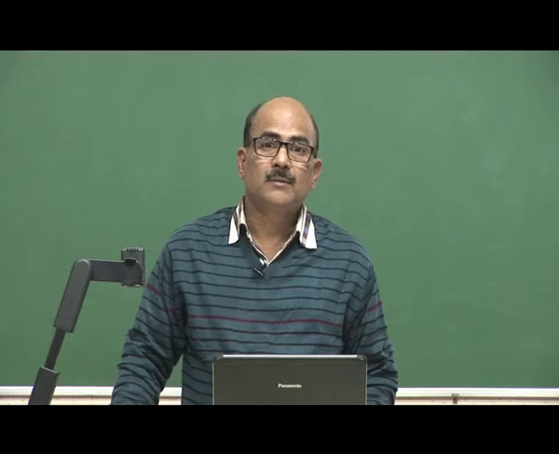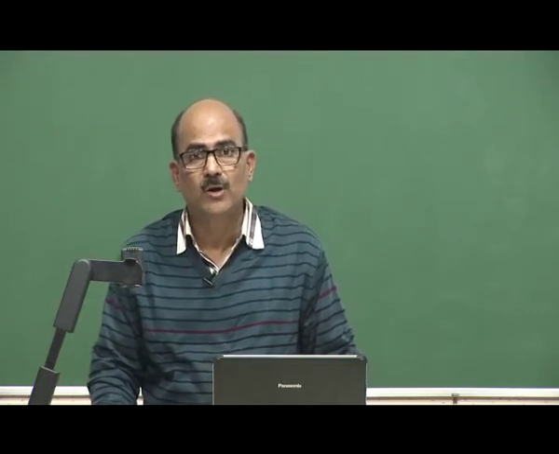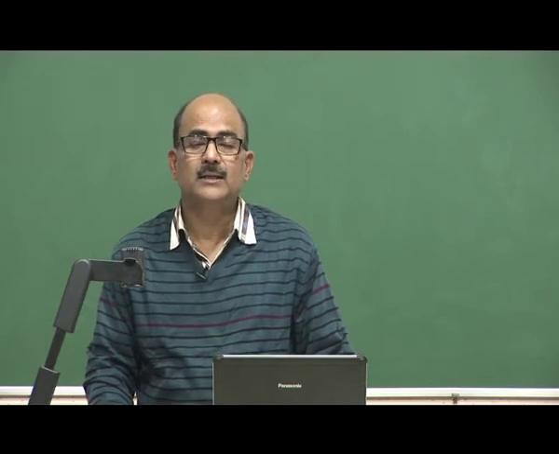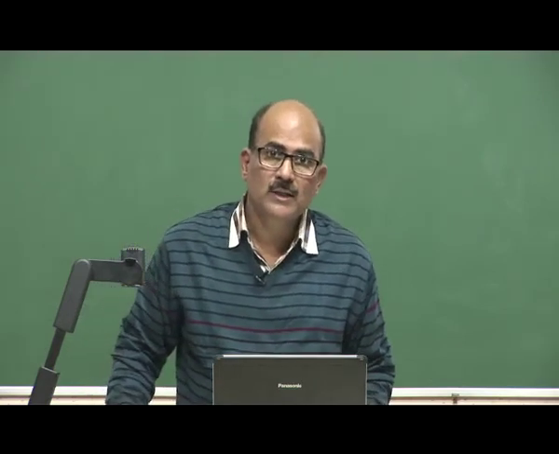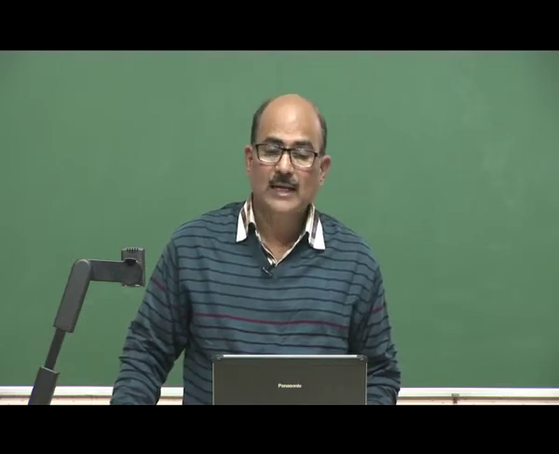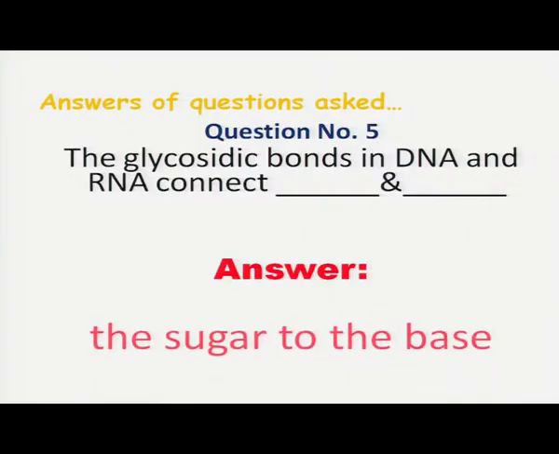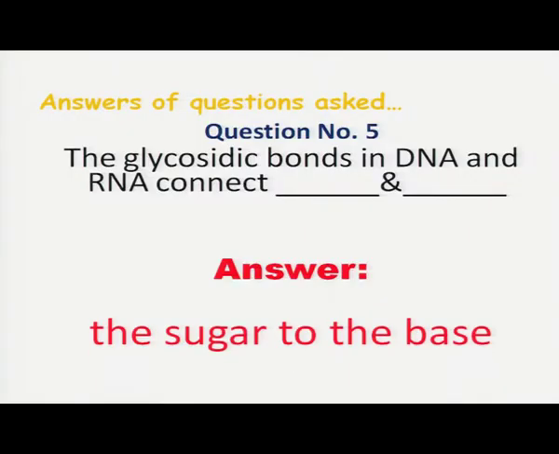So, in DNA and RNA formation, three types of bonds are present, that is phosphodiester bond, glycosidic bond and hydrogen bond. The glycosidic bond is present between the sugar and the nitrogenous base.